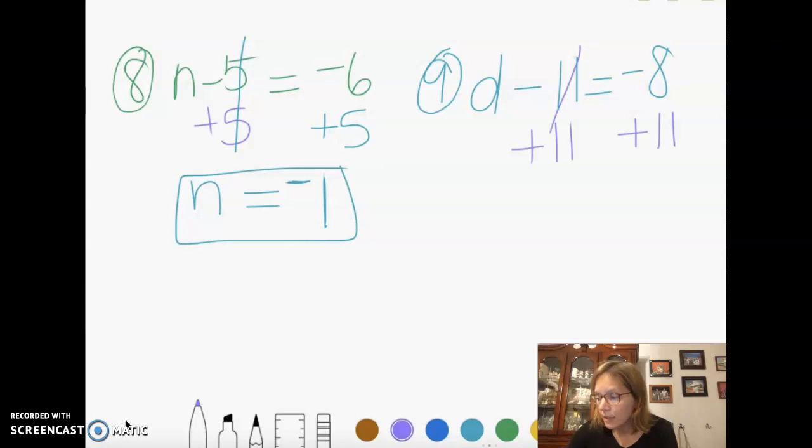The 11s cancel each other out because one's negative and one's positive, and I'm just left with my d. And then I have -8 plus 11. So I see the signs are different, so I'm going to subtract. 11 minus 8 is 3, and the answer takes the sign of the bigger number. This time my bigger number is 11 and it's positive, so my answer is going to be positive.